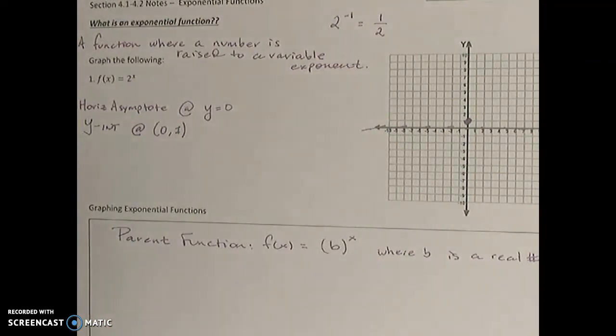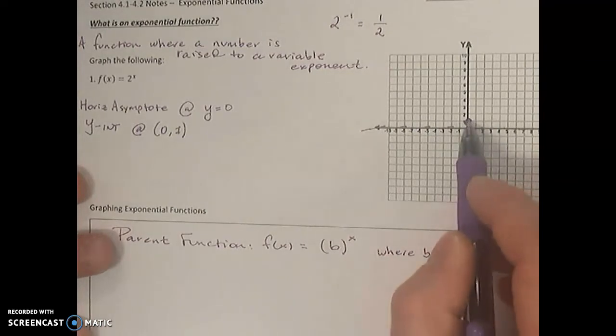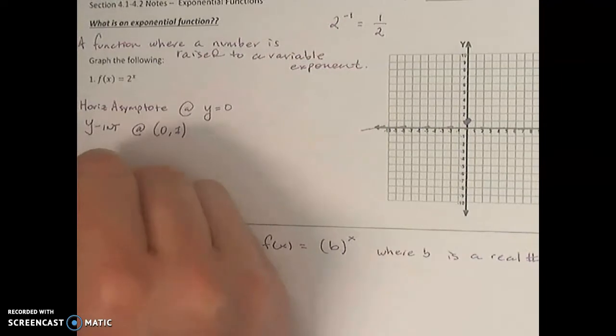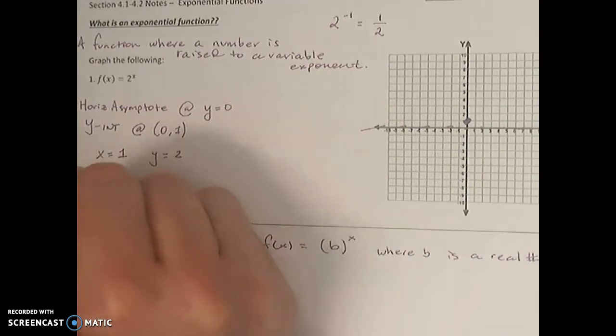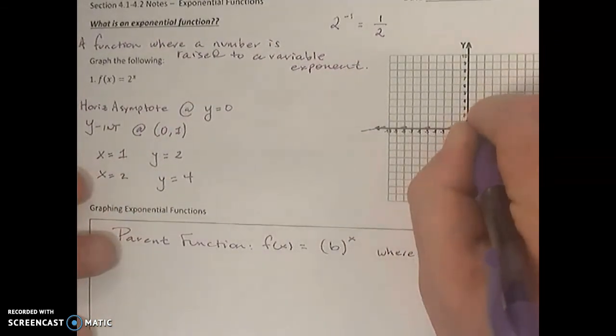All right? What else might we require? We do some more points here. Okay? So let's start plugging in some values. We're going to plug in 2 values going away from the asymptote, or getting larger. So when x equals 1, y will equal 2. When x equals 2, y will equal 4. So we've got 1, 2 and 2, 4.